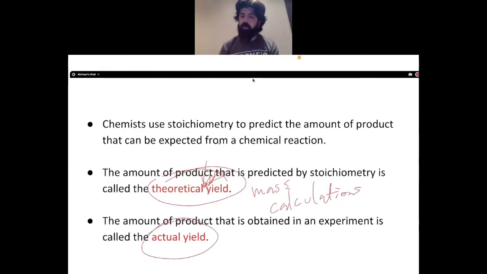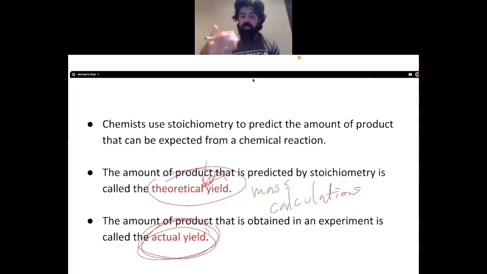The actual yield, on the other hand, is what you would find in a chemistry lab. In a lab scenario, you would be calculating the actual yield. Mathematically, you're comparing the actual yield from your experiment, your trial runs, with what you would get using stoichiometric problem solving.